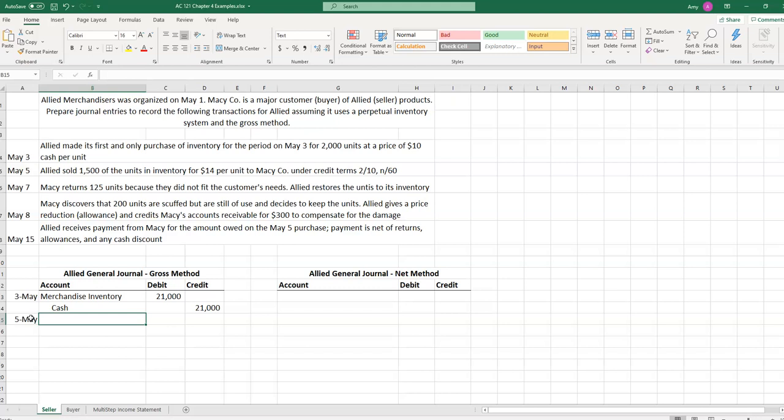So when we sell merchandise, we need to record 2 transactions. The first one is to record the sale and the sales revenue, and the second one is to record the cost of inventory. So first we'll record the sale. We sold it to them on credit, so now we have an accounts receivable.